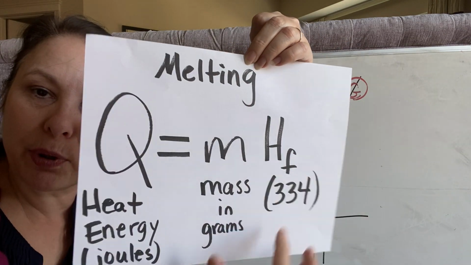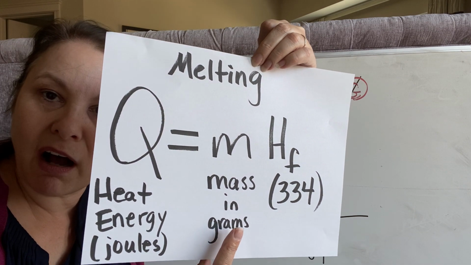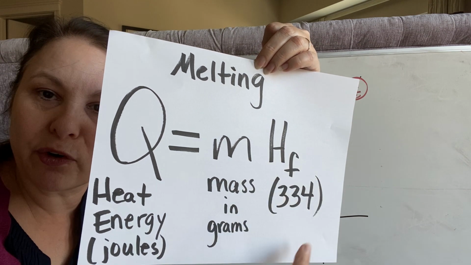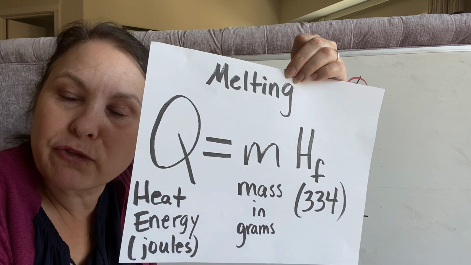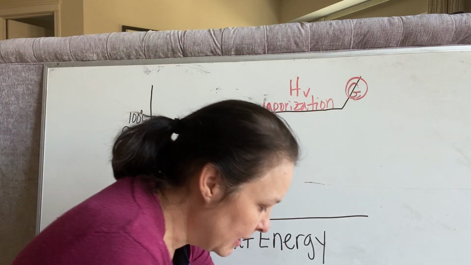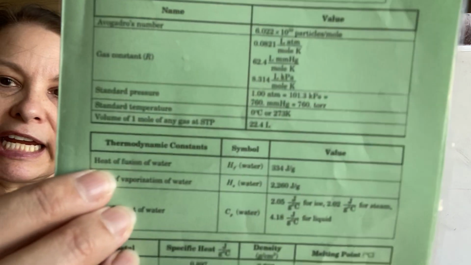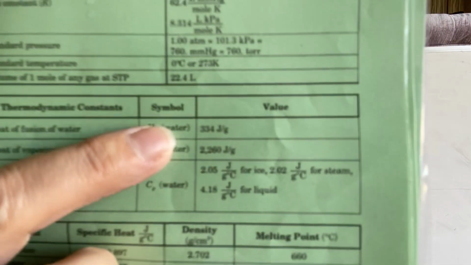Melting, then I'm going to pull this formula, and it's going to be the mass in grams of that block of ice I'm trying to melt, times, again, another constant, the heat of fusion, which happens to be 334 joules. It is a set constant number. And just to show you here, the heat of fusion, you can see that little HF right there, is 334 joules.